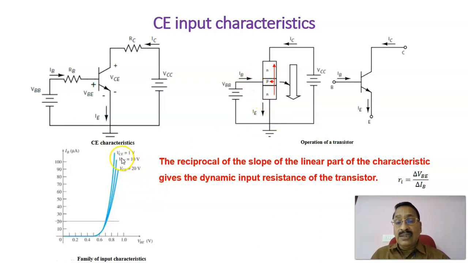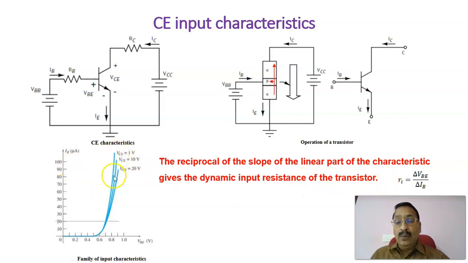Therefore, for a given VCE, for example here VCE is kept at 1 volt, as VBE increases above the cut-in voltage of the diode, it starts conduction. The input characteristic is similar to the diode characteristic for a given VCE. Now, the reciprocal of the slope of the linear portion of the characteristic is the dynamic input resistance.